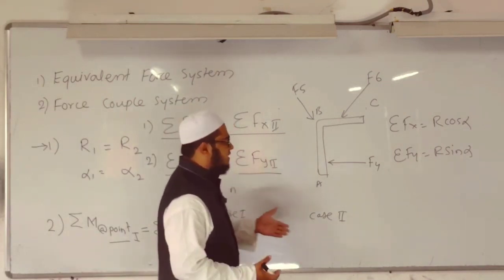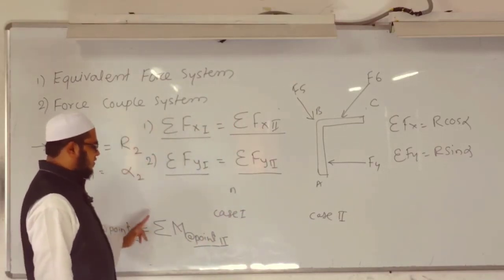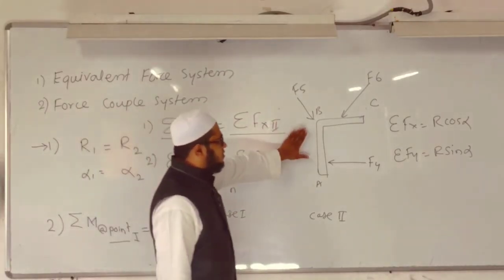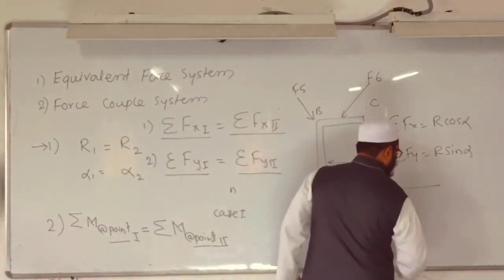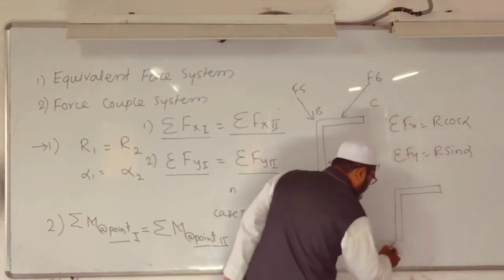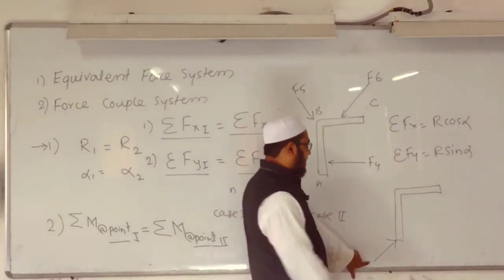We will use these three conditions of equivalent force system. Means this force system is given to us, and they have asked to obtain another force system in which only a single force is acting at point A.